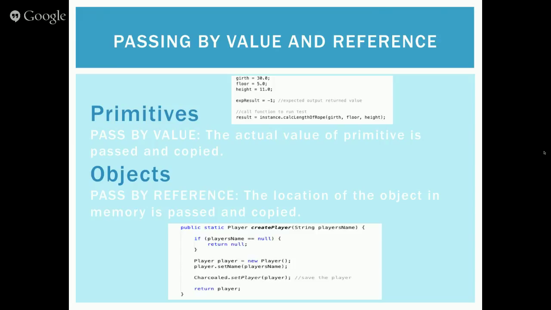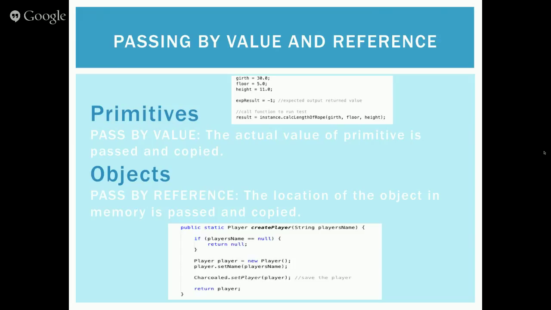In the simplest case, the primitives, which are the simplest types in Java, for example, double and integer, in the examples that we use here, the girth, floor, and height, which are simple variables, they have a simple type. The actual value that is stored in the variable is passed within the function, and then the function takes care of it and deals with it in the way it's processed.